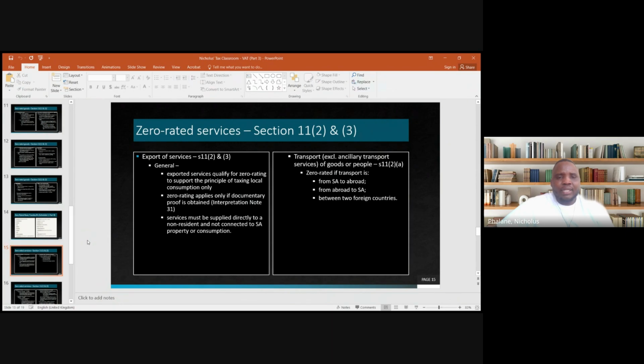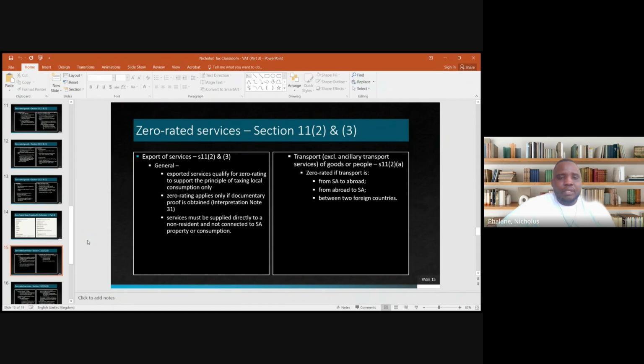Then let's look at exported zero rated services, all right, in terms of Section 11(2), right? So basically, let's start with the general information. We are saying exported services qualify for zero rating, obviously to apply the principle of taxing local consumption only, all right?